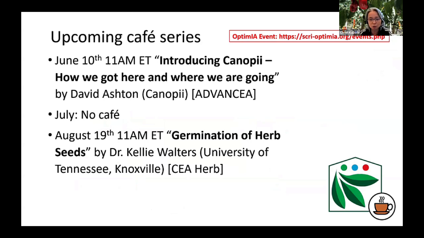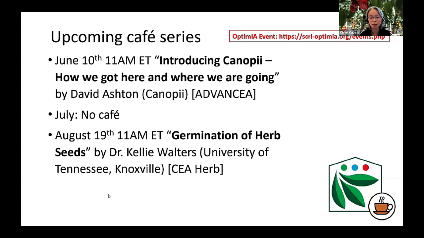A little bit more on what's upcoming. We don't have a July Cafe. This is a traditional schedule. In July, we take a break, and it's usually an intensive conference month for us. So no Cafe.